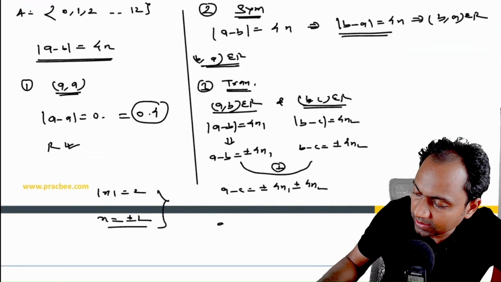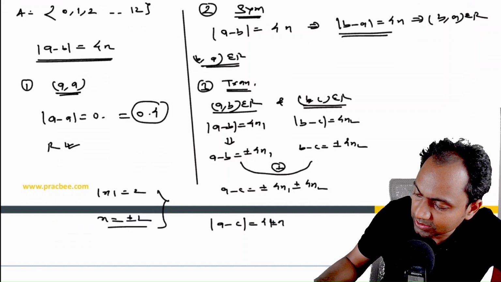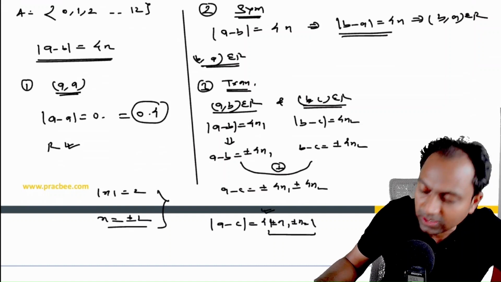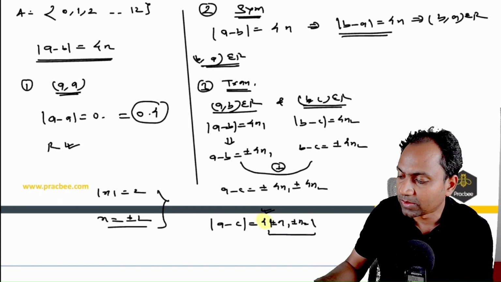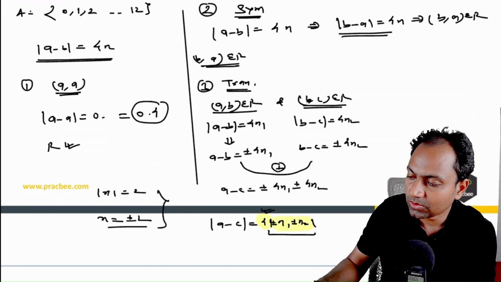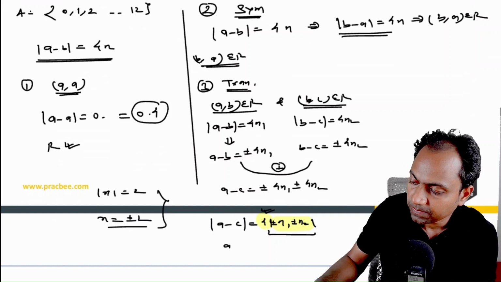And you can see that for |a minus c|, we can take 4 out, plus minus n1 plus minus n2. This is an integer and it is a multiple of 4. So this relation tells us that it is also a multiple of 4, and hence a comma c will also belong to R.